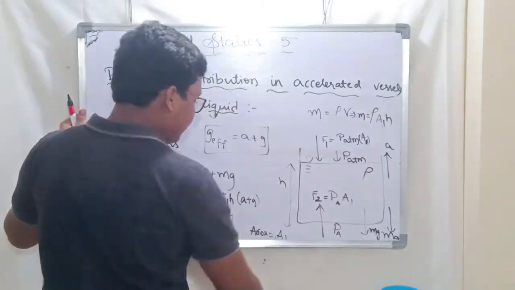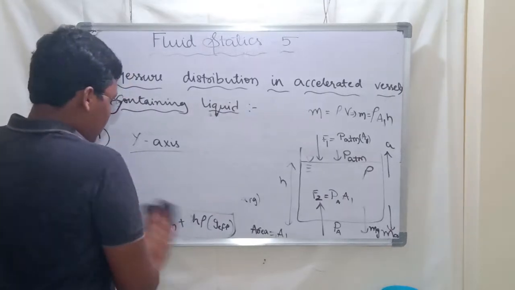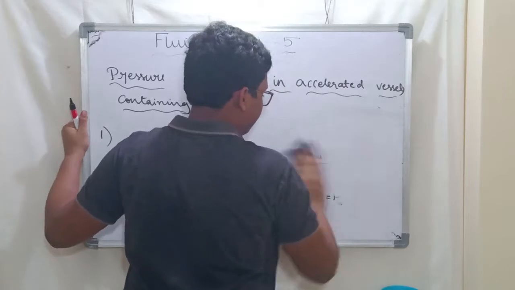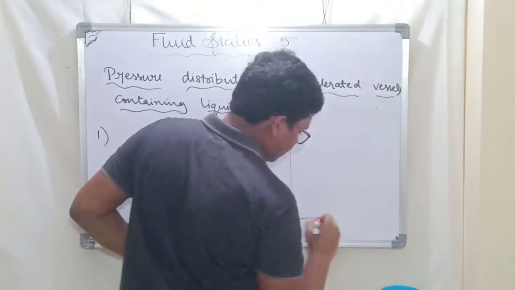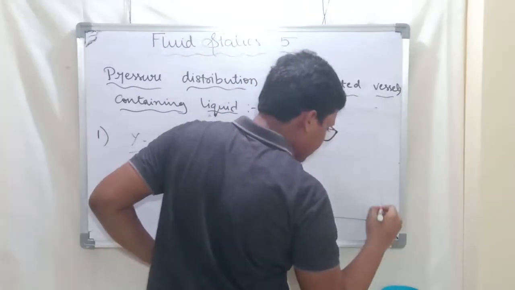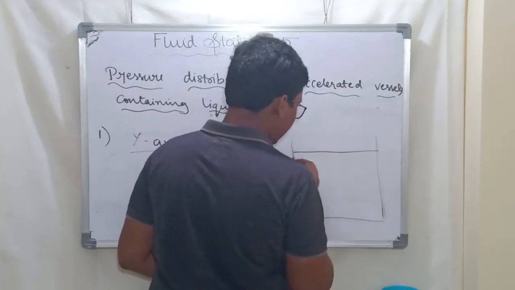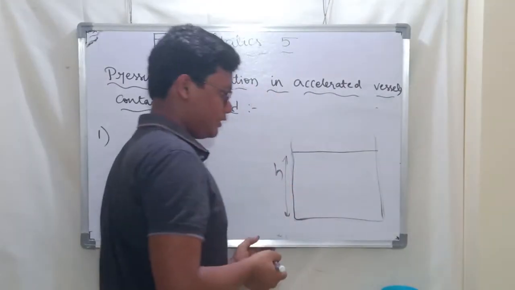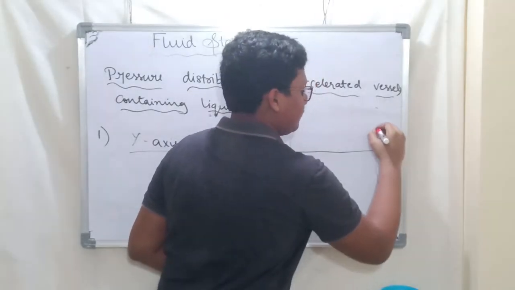And now in the downward direction, if it is accelerated downwards, see, vessel containing liquid, height h, accelerating downwards, A, upward MA.